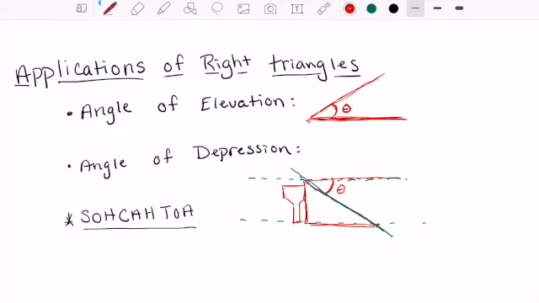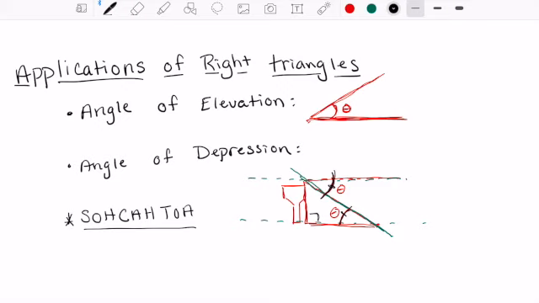However, for this video, I know that this angle and this angle are congruent because they are alternate interior angles. Okay, so that's how angle of depression can help me by figuring out how to draw my right triangle.